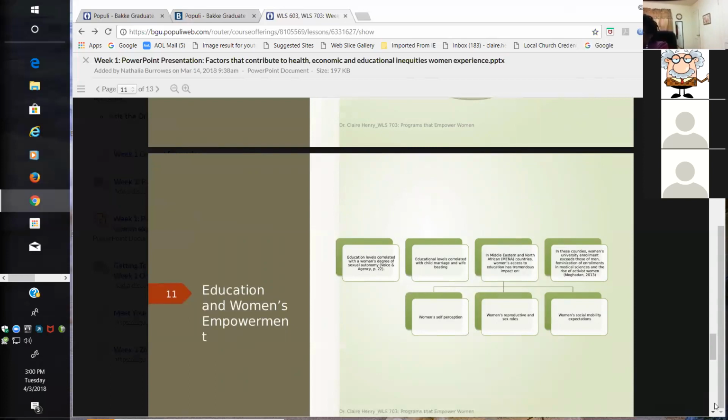And also they see the rise of activist women. Education has impacted positively women's self-perception. It has impacted women's reproductive and sex roles and women's social mobility expectations.